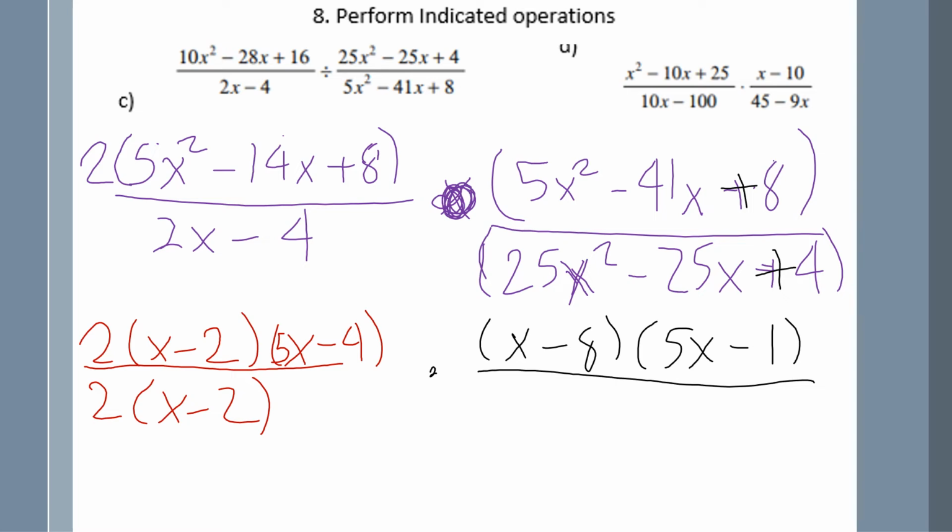100. Now, what are two numbers that when I multiply them together give me positive 100, but when I add those two numbers, they give me a negative 25? x minus 20, x minus 5.